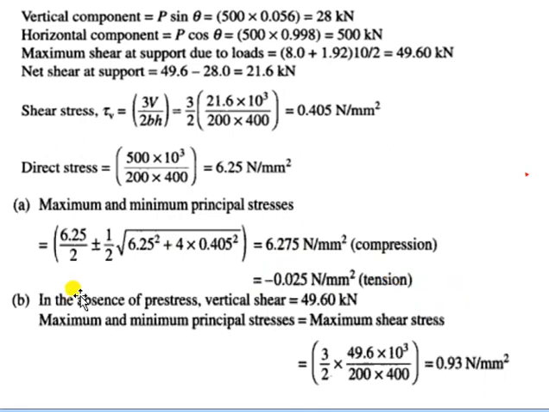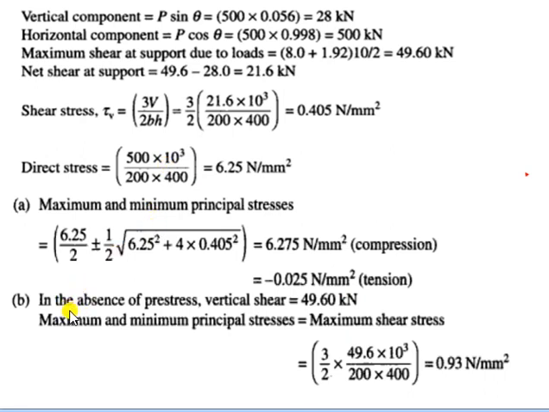The second condition is in the absence of pre-stress. No pre-stressing is done, which means there is no cable in the beam. With no cable, the net shear force will be equal to WL by 2.